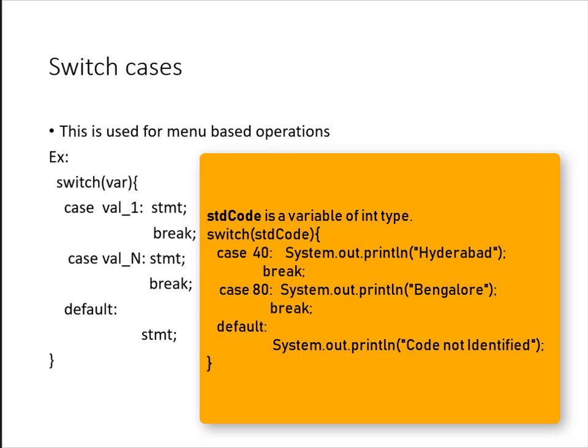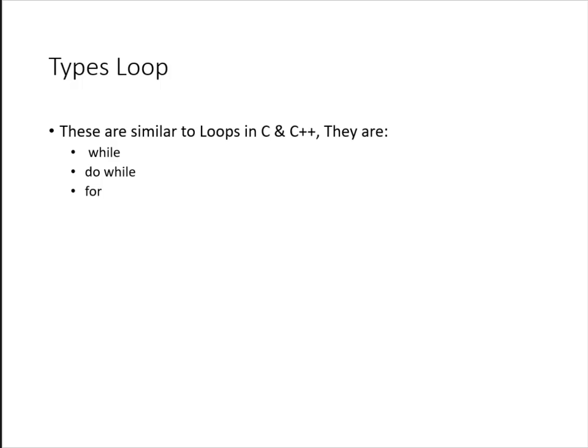Break statement. If it is not 40, if it is 80, we can say the state belongs to Bangalore. Break statement. If neither 40 nor 80 is entered, this can be treated as the default value, which returns the message code not identified. This is how we approach switch cases.